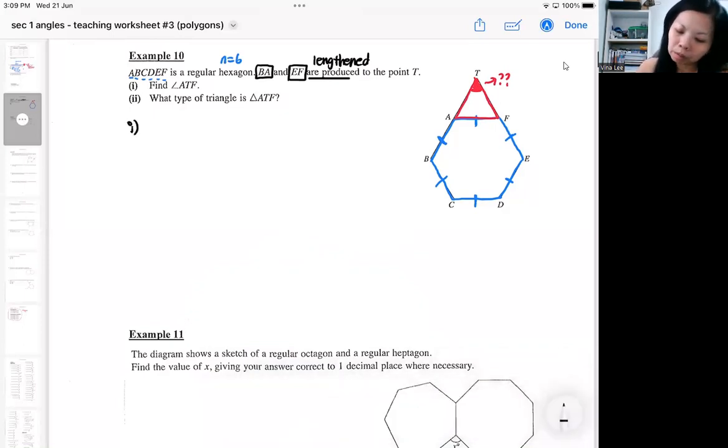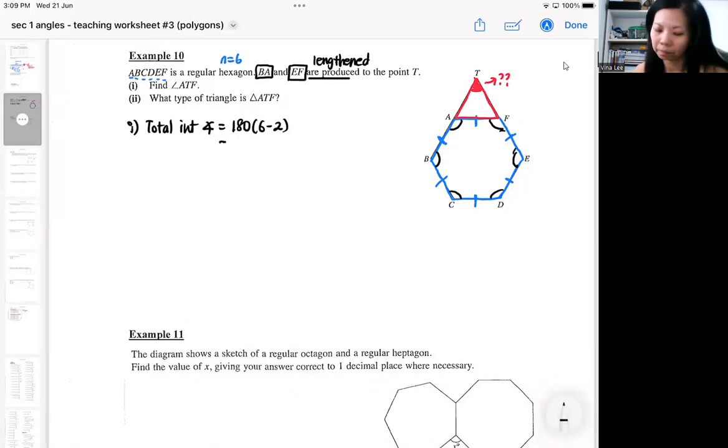So no matter what, you find all the interior angle first. You find the total interior angle for the six-sided figure. You will get 720.